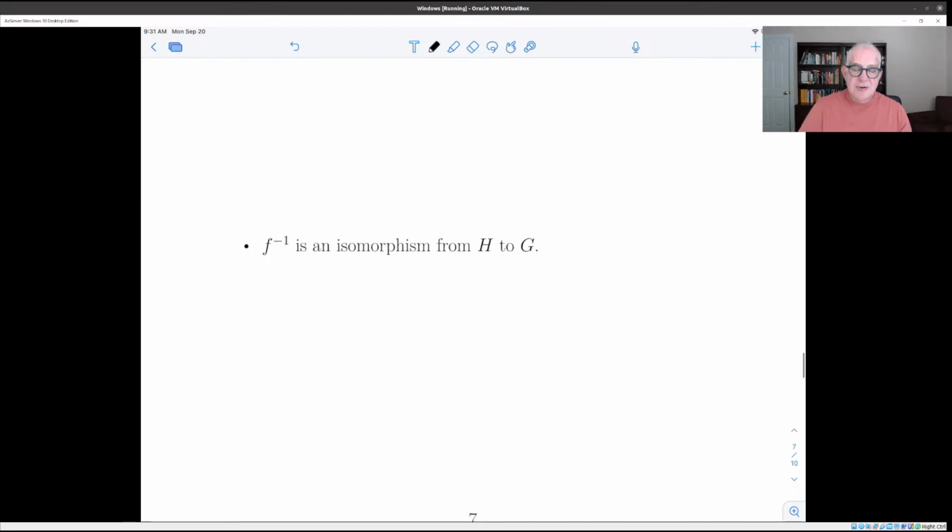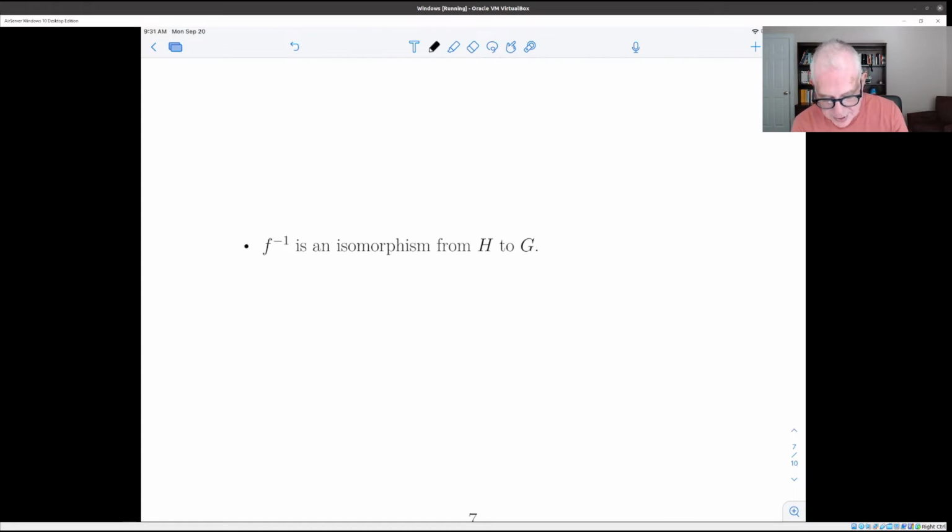The next thing to notice is that F is originally a map from G to H, so there's an inverse map that goes from H back to G. And we know that the map in the direction from G to H has this property that F(AB) is F(A) times F(B). It turns out that the inverse map also has that property.